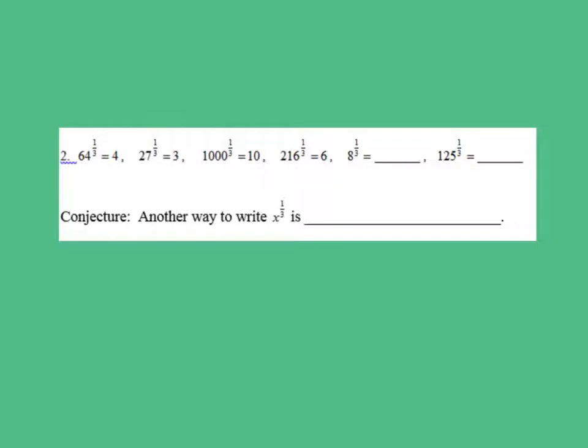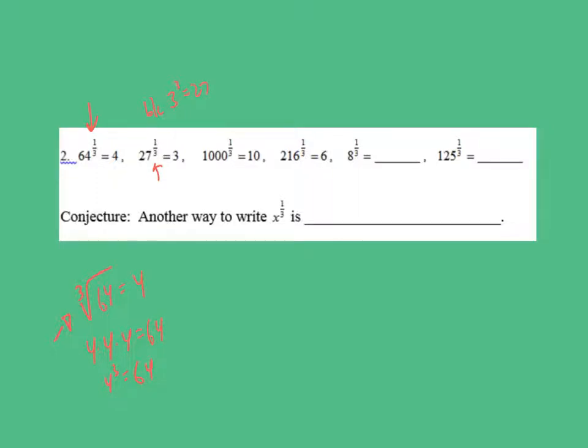Then again, we jump to the 1/3 power. I know that the cube root of 64 is 4, because 4 times 4 times 4 is equal to 64. Since 4 to the 3rd is equal to 64, the cube root of 64 is 4. Likewise, the cube root of 27 is 3, because 3 to the 3rd is 27.